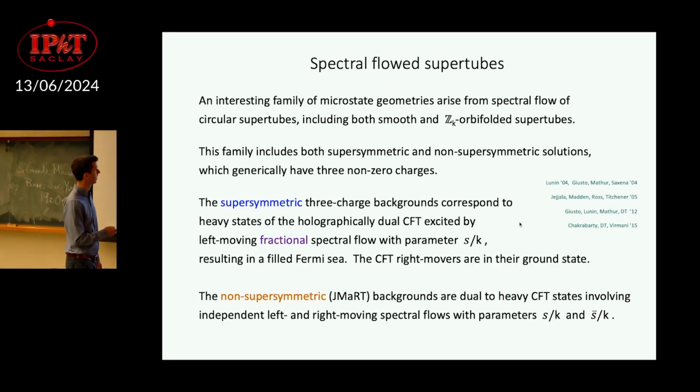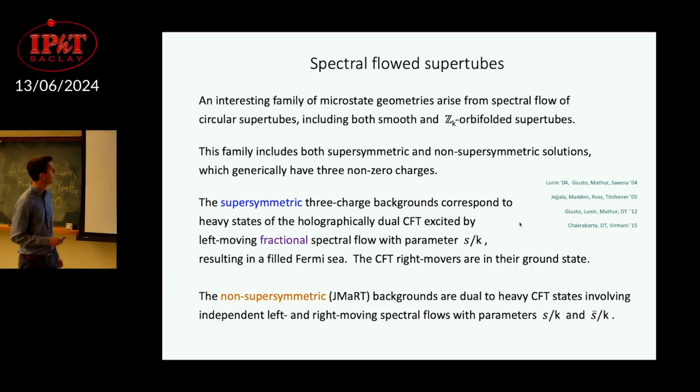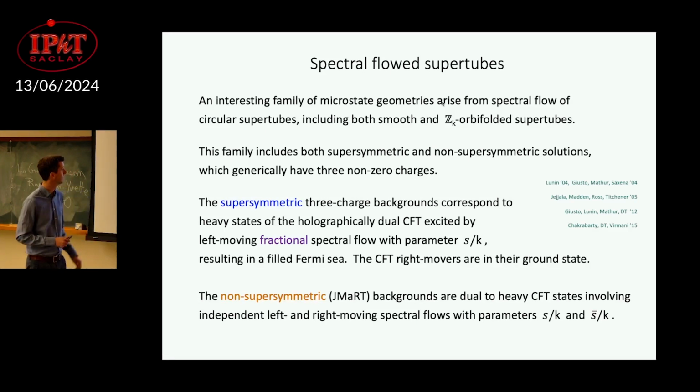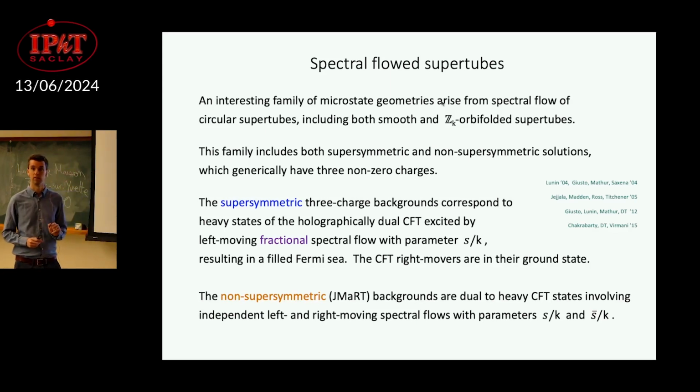And so I'm going to keep k generic, k bigger than 1. And when I do so, I have both supersymmetric and non-supersymmetric solutions obtained by spectral flow. And in general, because k is bigger than 1, I have a family of solutions which involve fractional spectral flow.